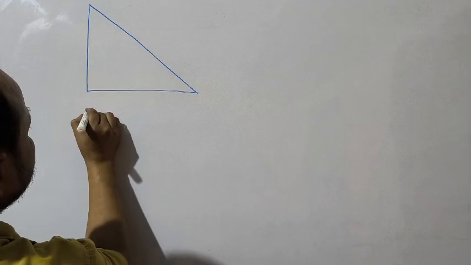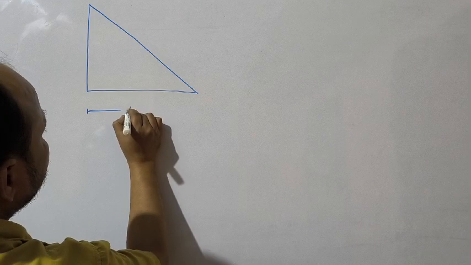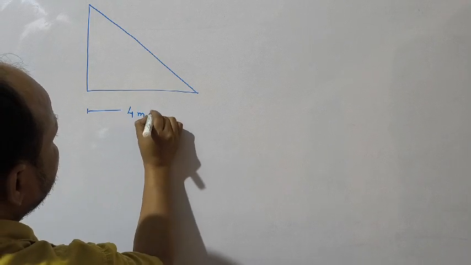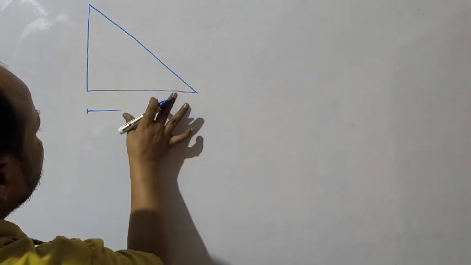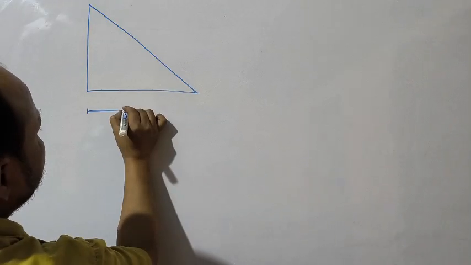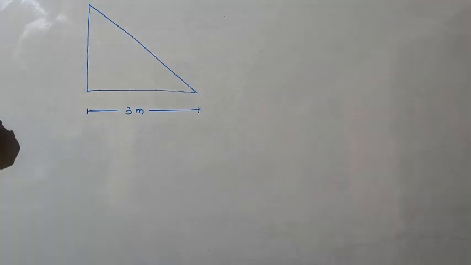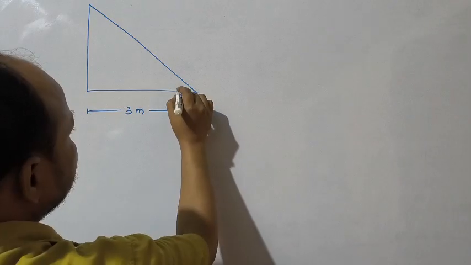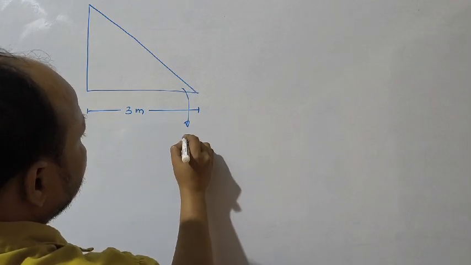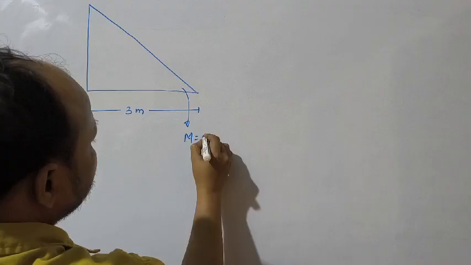This distance is, let's say, 4 meter, 3 meter, and the mass of the wedge is, again let's say capital M, which is 20 kg.